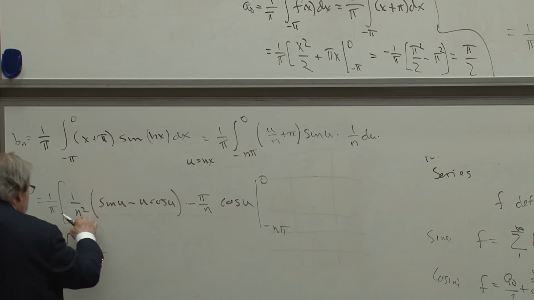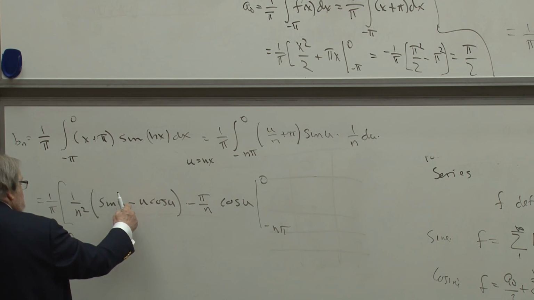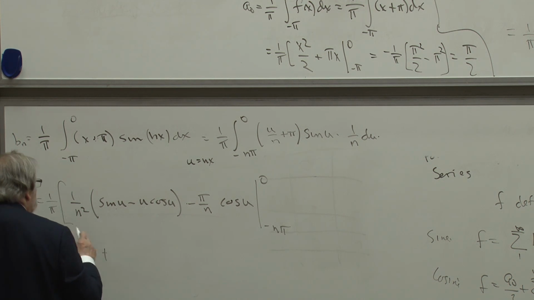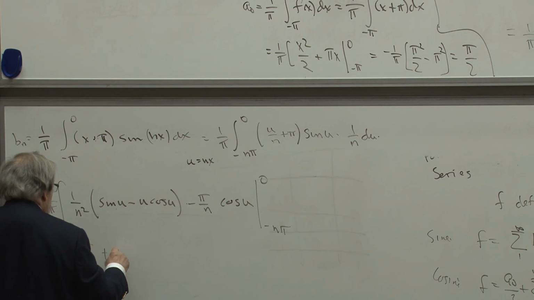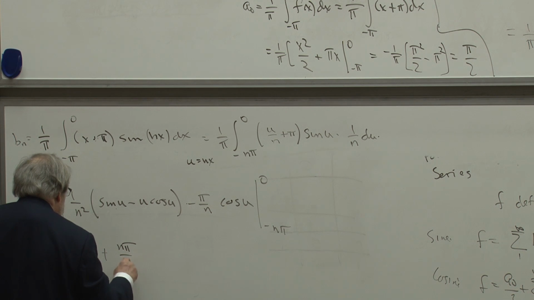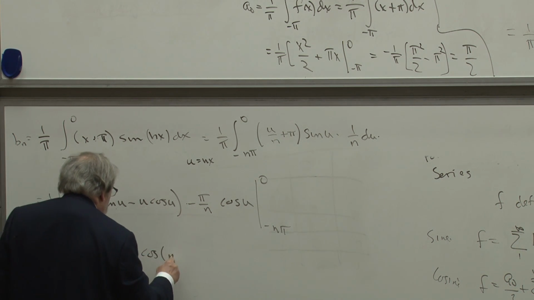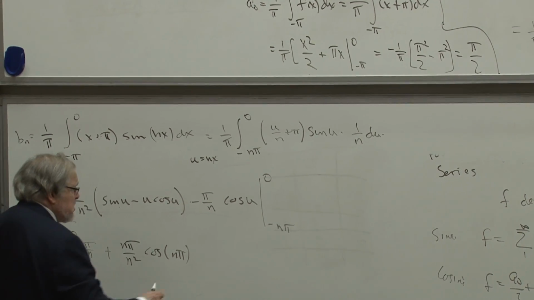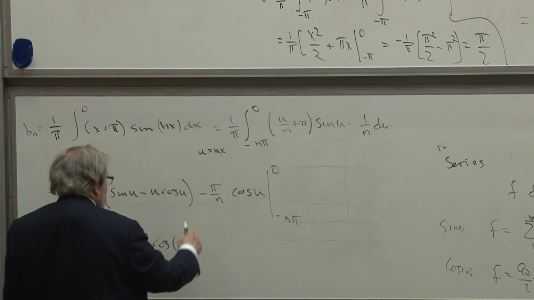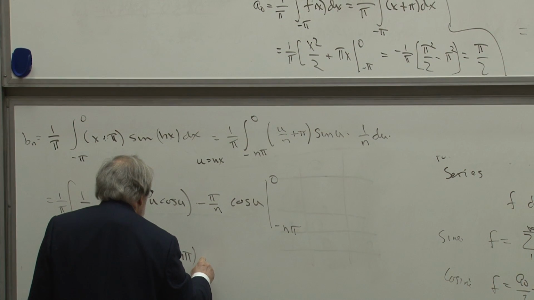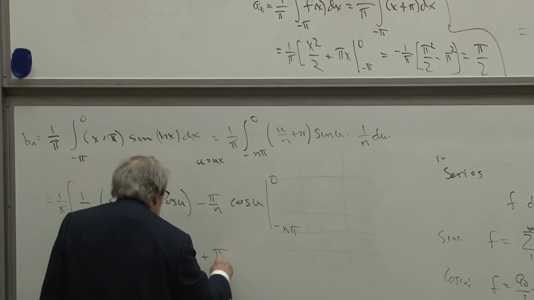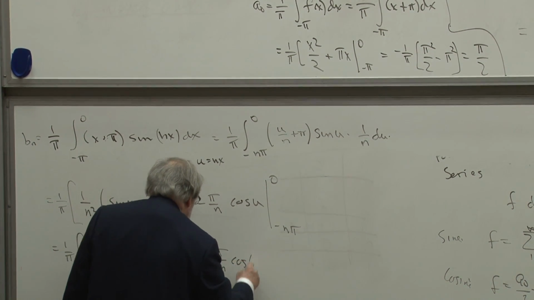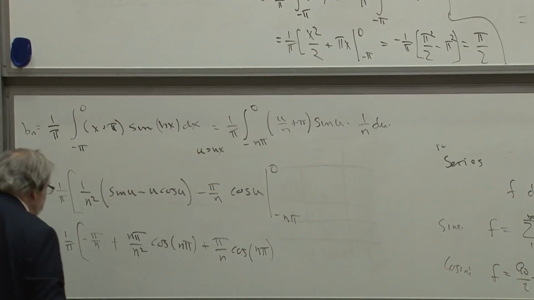I'm subtracting this, so it's another negative sign, which gives me a plus n pi over n squared cosine of n pi. I'm using the fact that the cosine of negative n pi is the same as cosine of n pi, that's symmetric. Lower limit here, so I'm subtracting plus pi over n cosine of n pi.